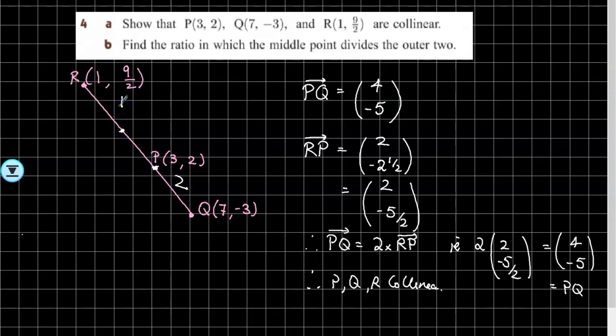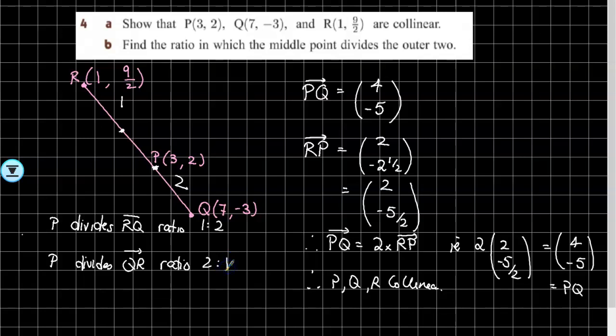Do we agree? Now, how can we write this? We could say that P divides RQ in the ratio of 1:2, or we could say P divides QR in the ratio 2:1.